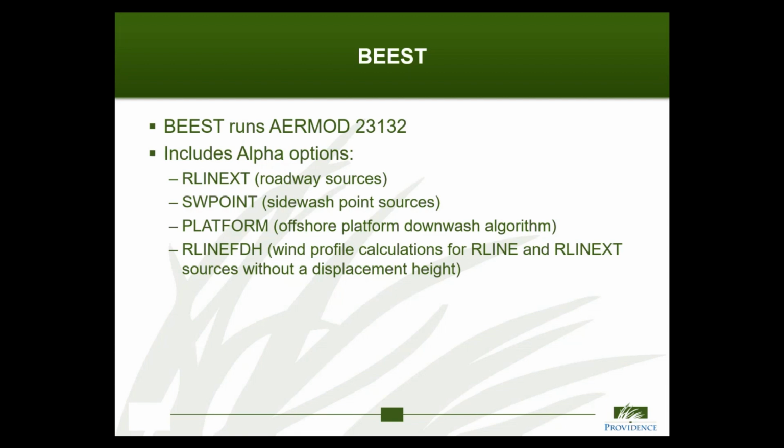So the alpha options here include something called R-LINE XT, which is an extension of the R-LINE line source algorithm, something called SW point for sidewash point sources.